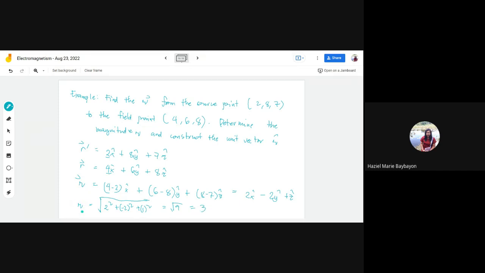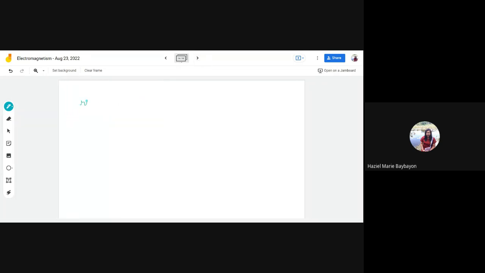Finally, the unit vector r hat is the vector r divided by its magnitude: 2x hat minus 2y hat plus z hat, divided by 3. We can write it as 2/3 x hat minus 2/3 y hat plus 1/3 z hat.